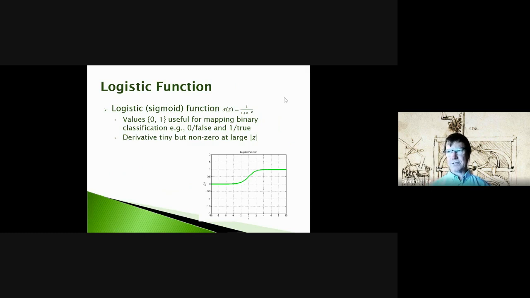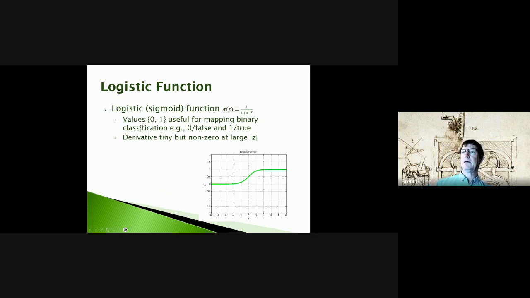We don't tend to use it as much in neural networks anymore. It used to be used widely, and it can work. It definitely does work. It's just we found better ones, but we still study it for its historical reasons. So here it's 1 divided by 1 plus e to the minus z, right? So this activation function is going to be this sigma of z.